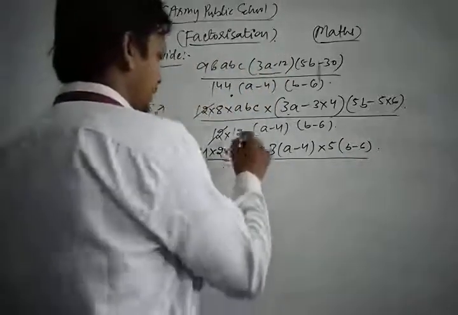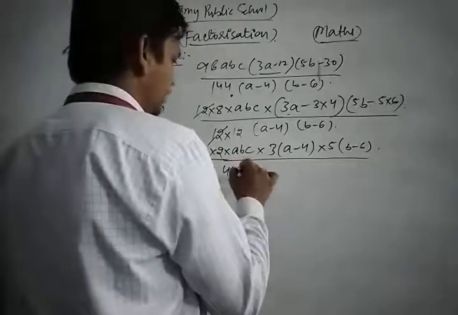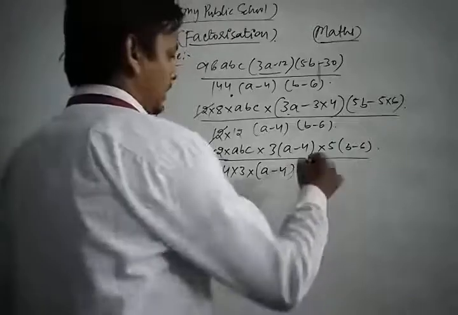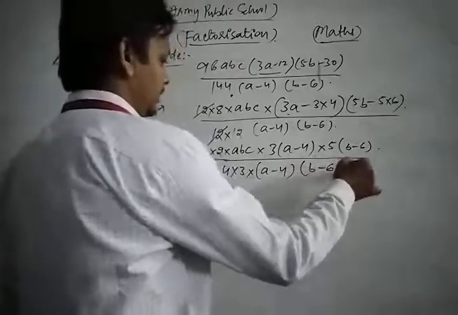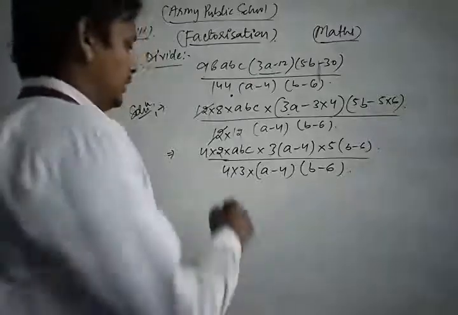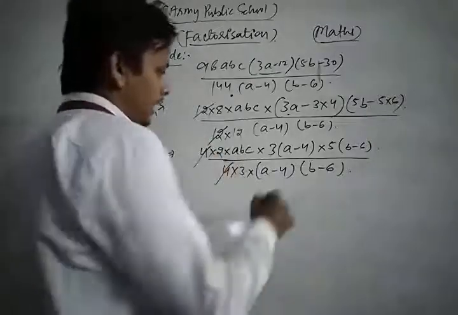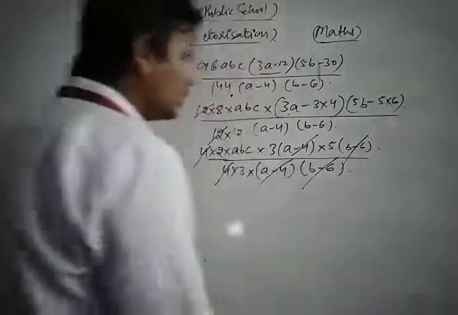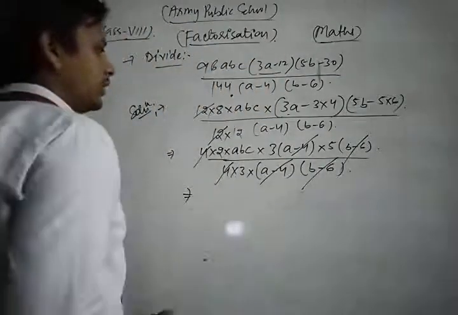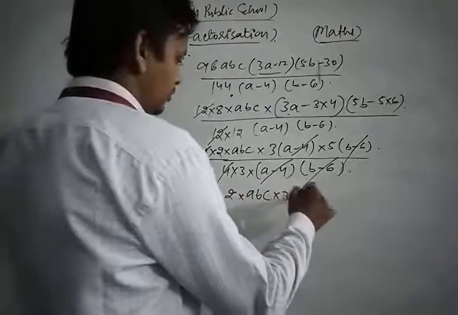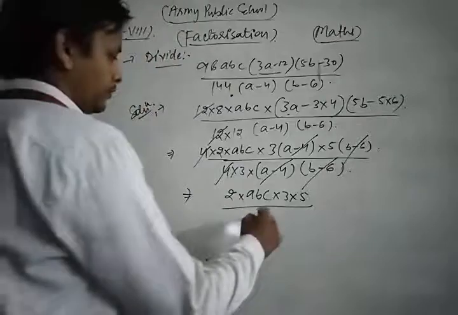In the denominator we write 12 as 4 into 3, now into A minus 4 and B minus 6 as it is. Now look here, the 4s cancel each other, A minus 4 cancels, B minus 6 cancels, so we get 2 into A, B, C into 3 into 5 over 3.